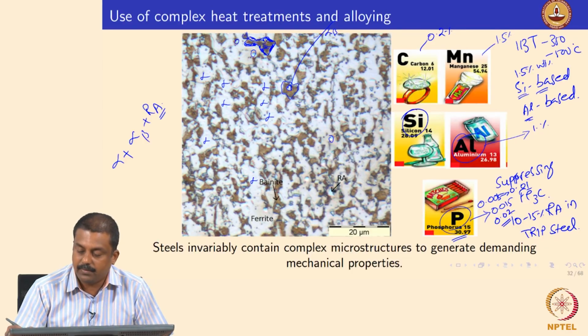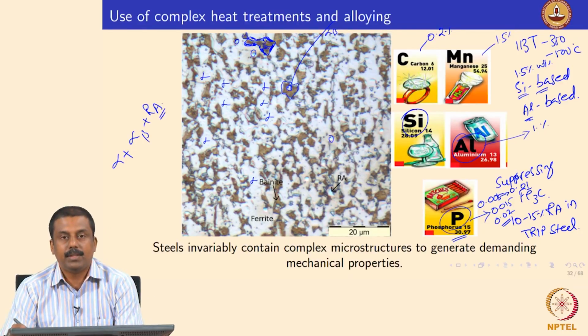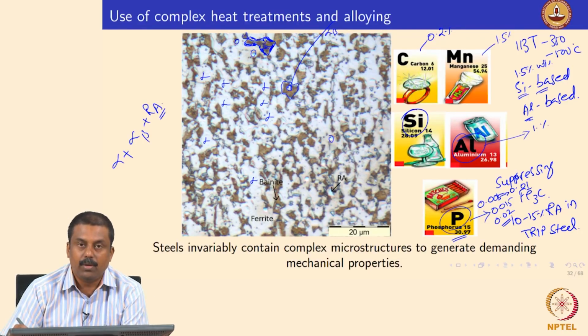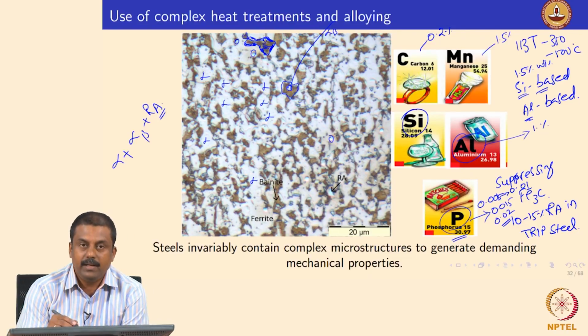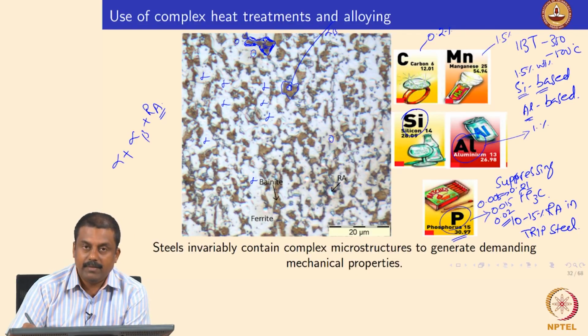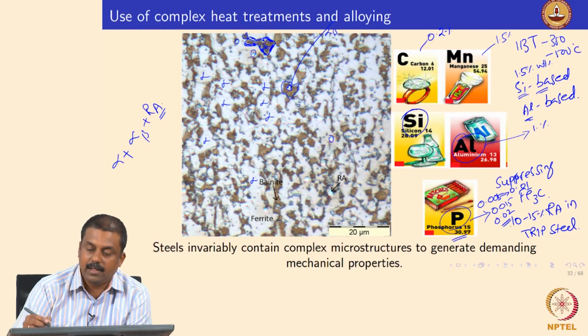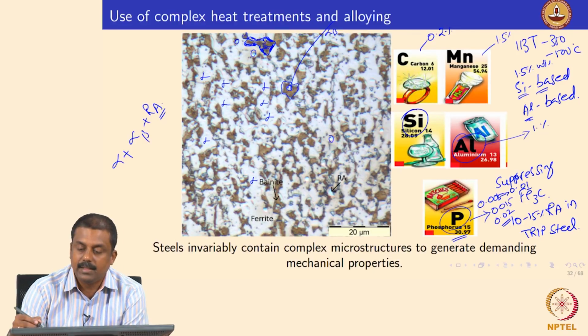It's extremely high phosphorus. Some steel makers explored the use of phosphorus to stabilize retained austenite, but with a compromise to weldability. So these are the common alloying elements in strip steel: carbon, manganese, silicon and/or aluminum, and some amount of phosphorus.